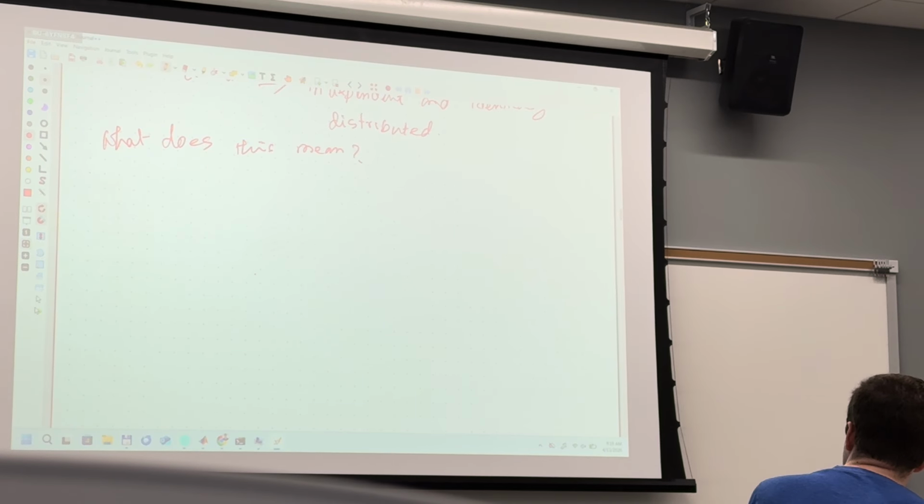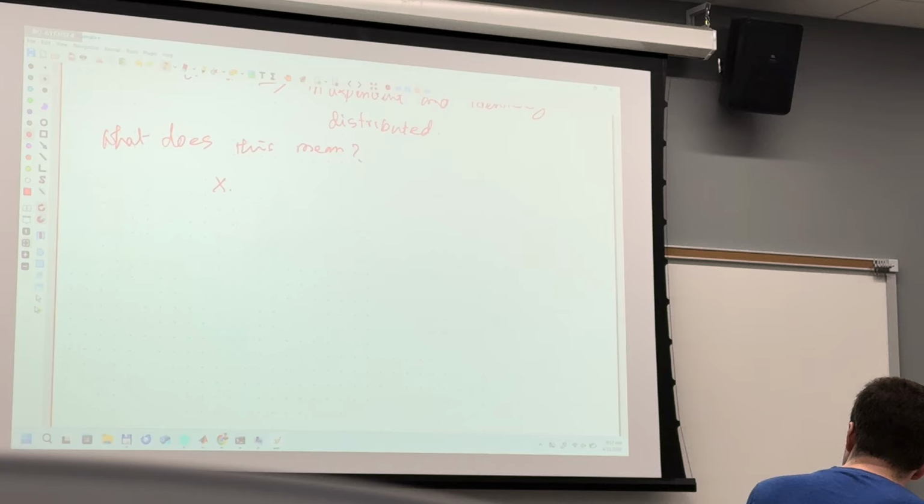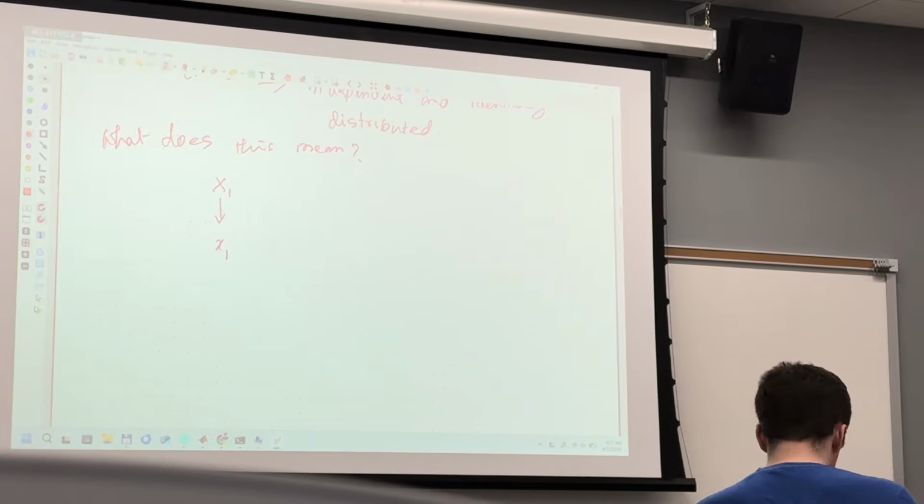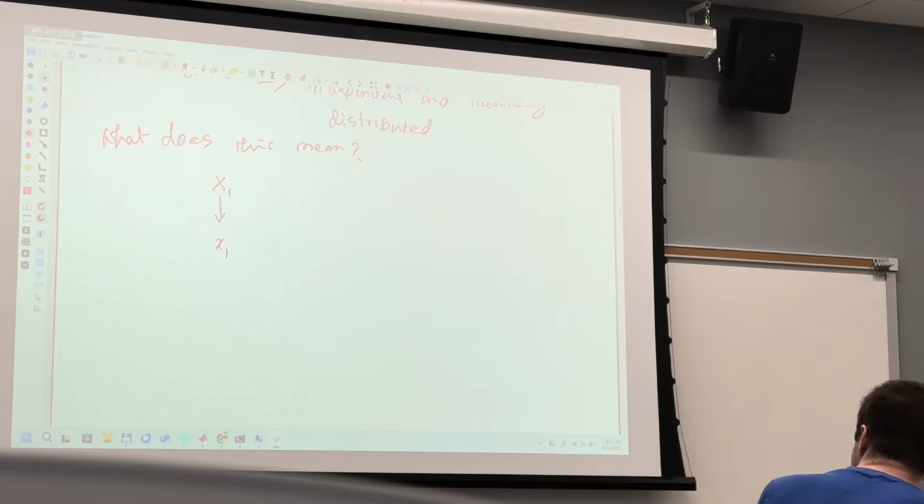It means that if you have a first trial of a random experiment, the first trial will give you a random number x1, and you represent it with the random variable x1.